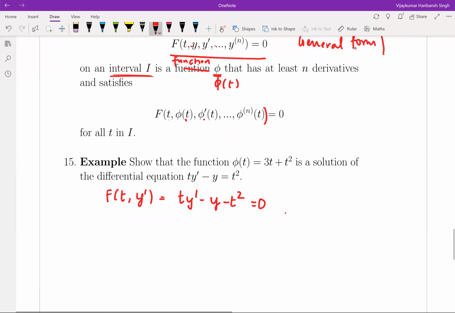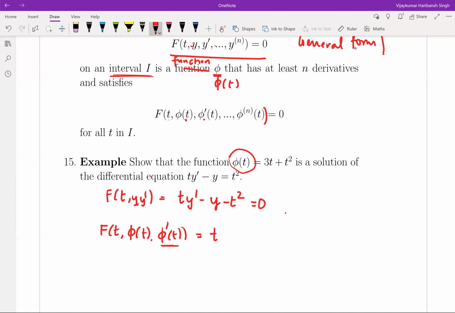To check that phi of t is a solution, you basically take phi of t instead of y and see if it becomes 0. So let's take that. Sorry, I should have included y here as well. F of t, phi of t, phi prime of t is going to be t times y prime, wherever there's y prime, I need to use phi prime of t.